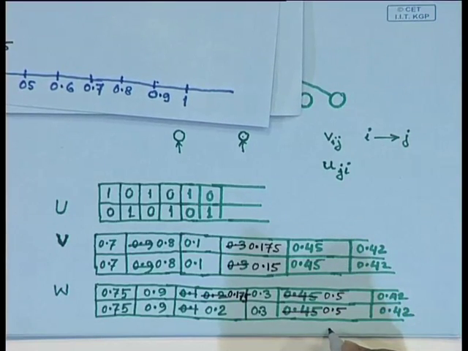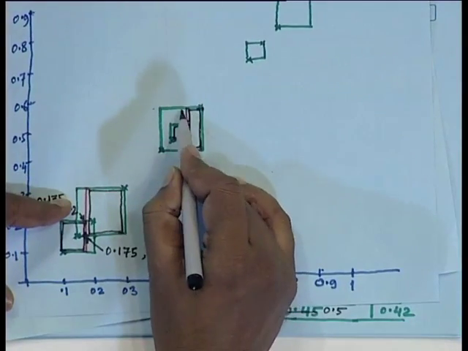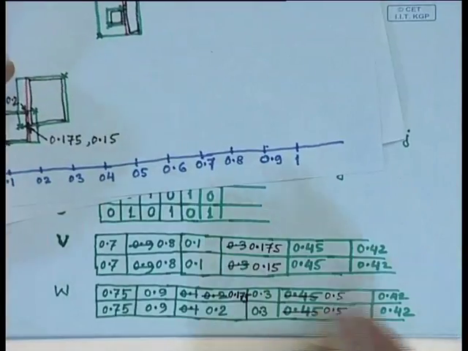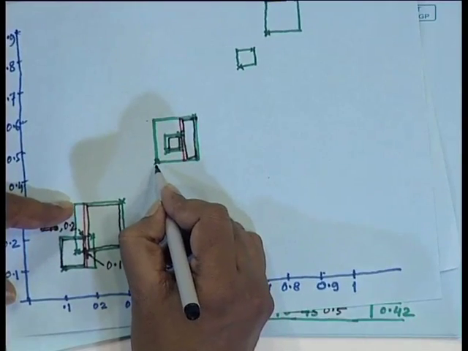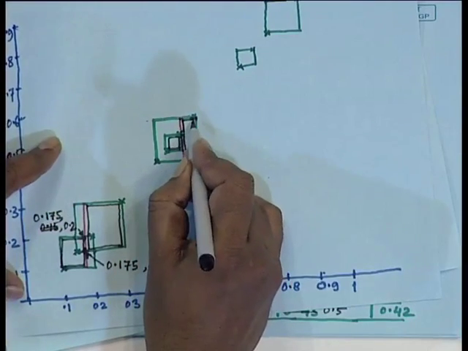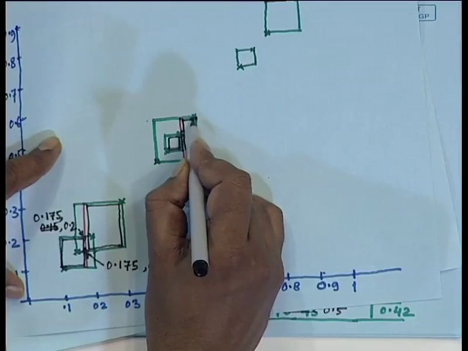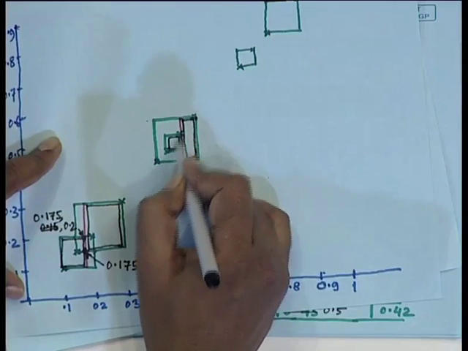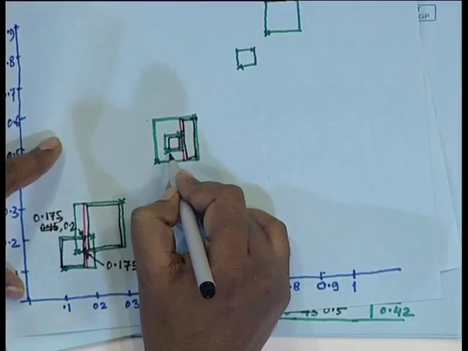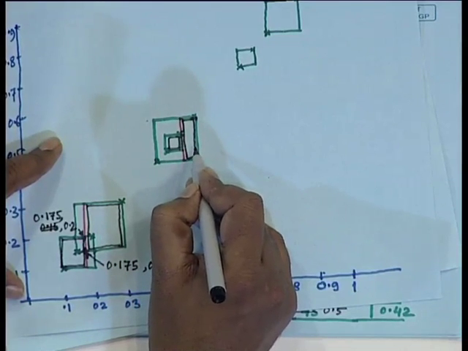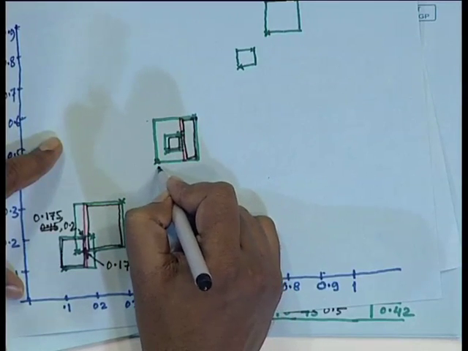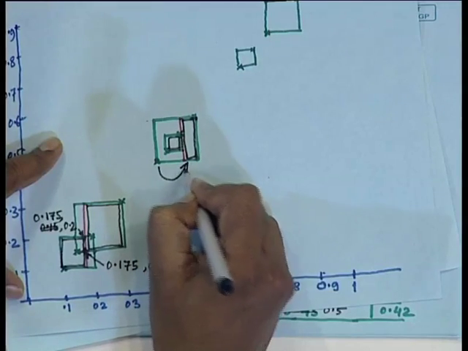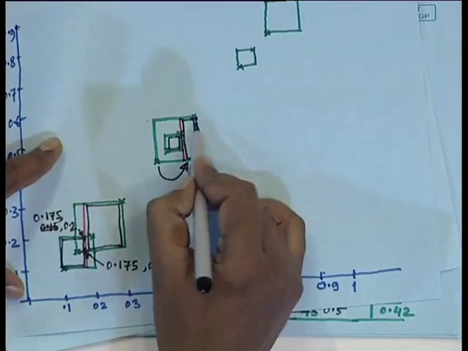So, accordingly the earlier entry in our V matrix and W matrix remains the same, that is 0.45, 0.45, 0.5, 0.5. This remains unchanged, right. Whereas, for this new hyperbox, I had earlier the min point, which is 0.42, 0.42, that corresponds to this particular point. And when I have expanded this to include the second point, and because of this expansion there was a containment, and due to this containment I had to contract this hyperbox. Okay. So, as I have contracted this hyperbox, the min point has now changed from here to here, right, and this is my max point.